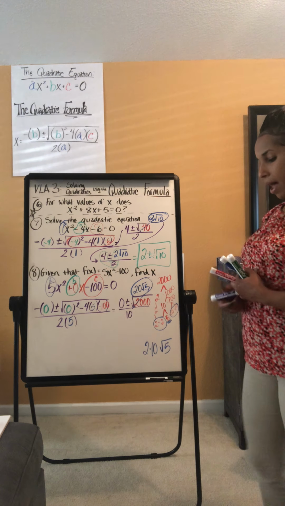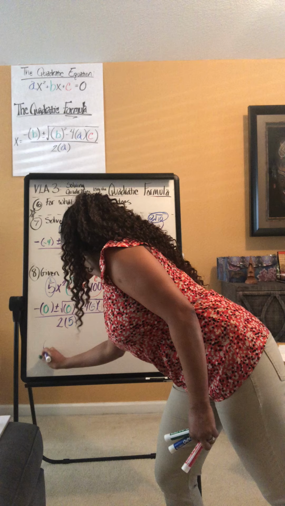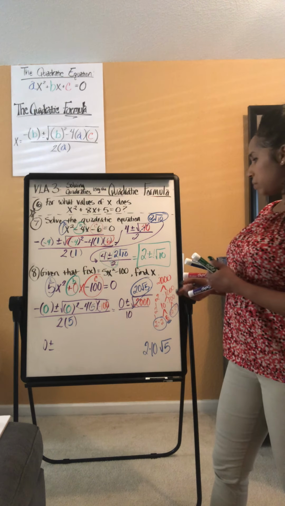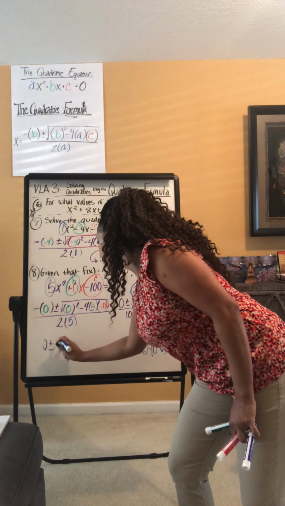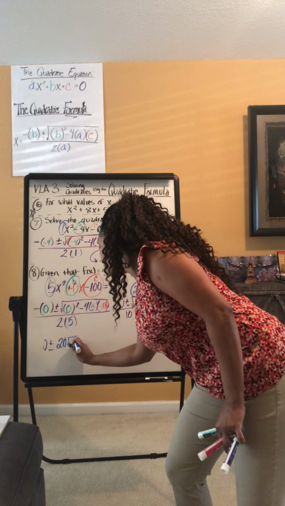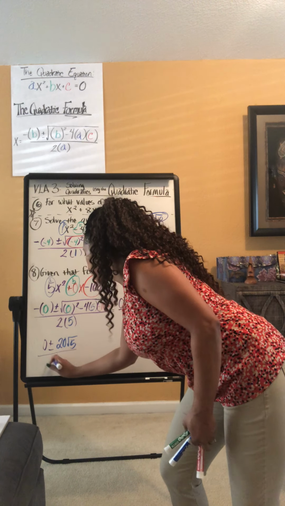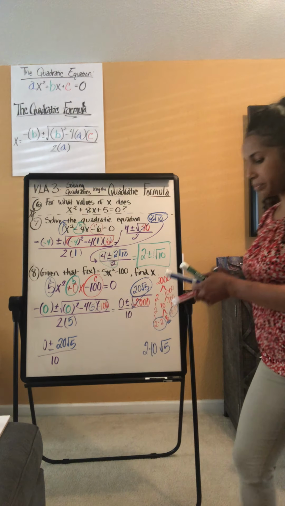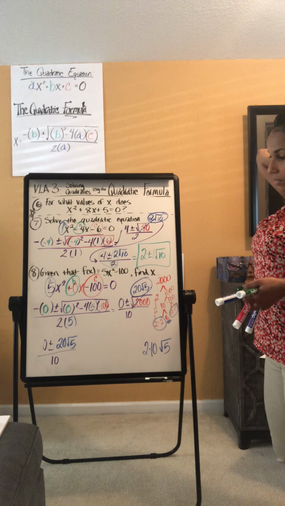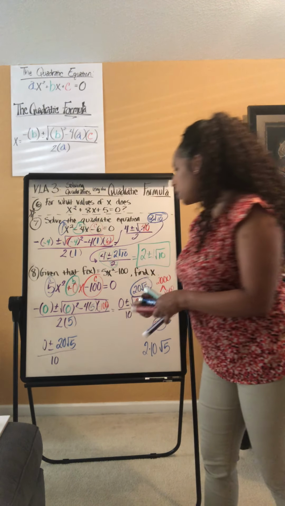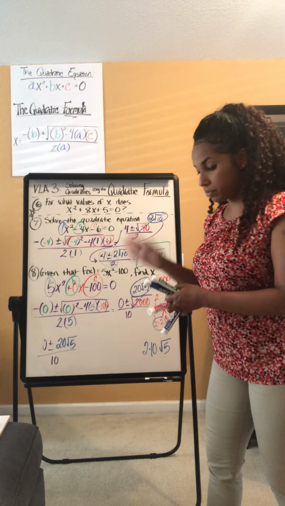All right, so what I have is 0 plus or minus 20 square root of 5, and it is all over the number 10. No, I was wrong about adding or subtracting 0 not making a difference. Yes, it does. All right, so 0 plus 20 over 10 is going to give me, well, let's just reduce.